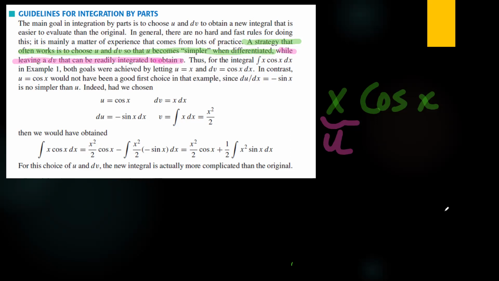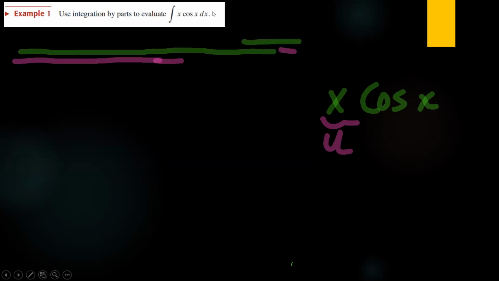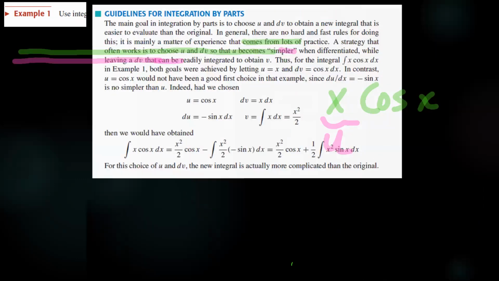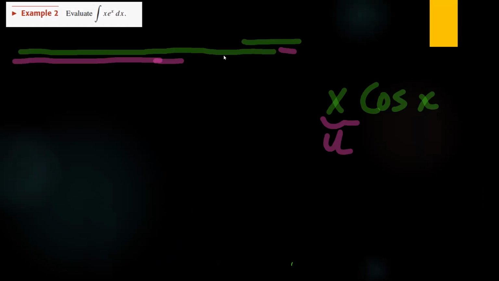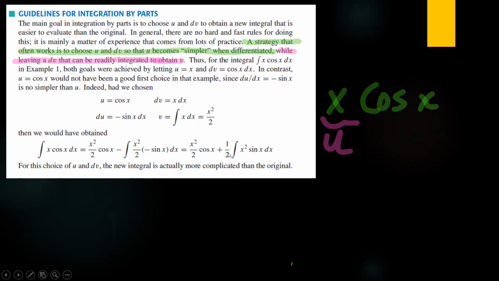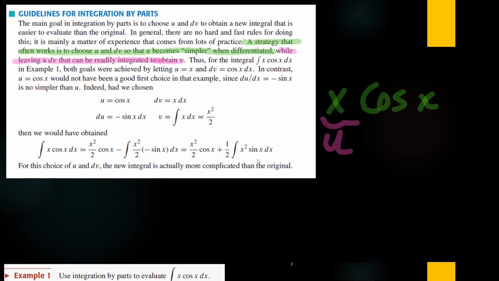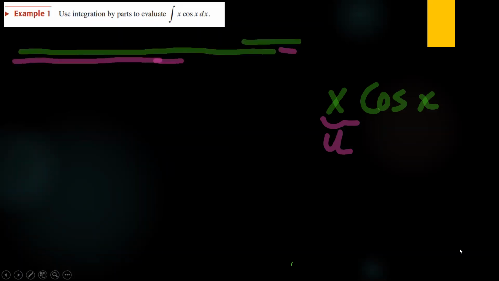Now let's see that for the first example, which is x cosine x. We said that x is u and cosine is dv. Let's see now if we put x as dv and u as cosine. Let's change them.